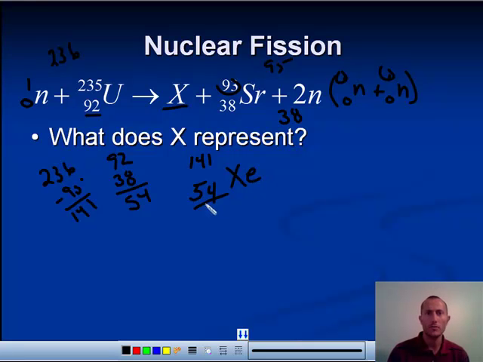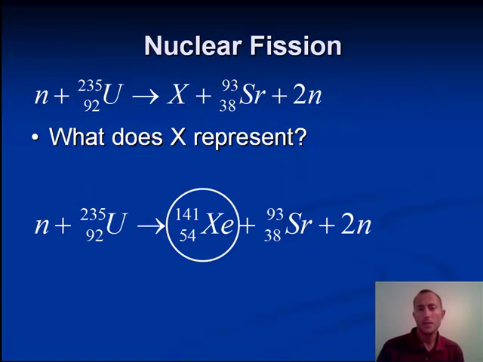So there's our unknown. Now, when we look at this reaction, if we were to go through similar to how we did with our nuclear reaction, the practice problem that we worked through, we would find that the mass that's associated with our single neutron and uranium-235 on the left is larger than the mass associated with the four particles produced on the right, the xenon, strontium, and the two neutrons.